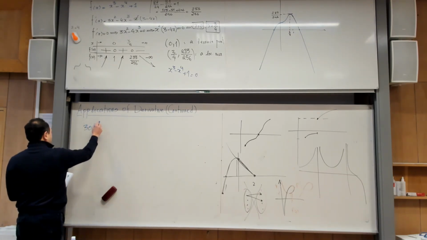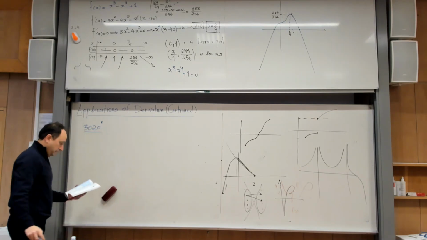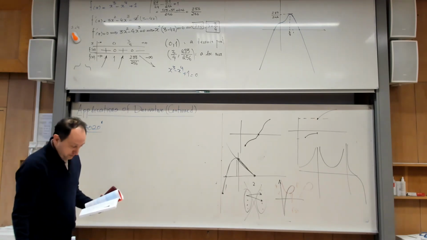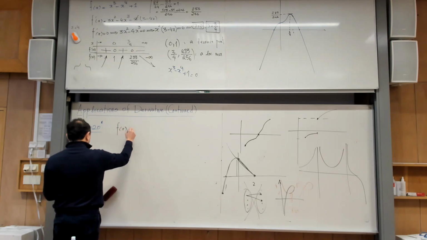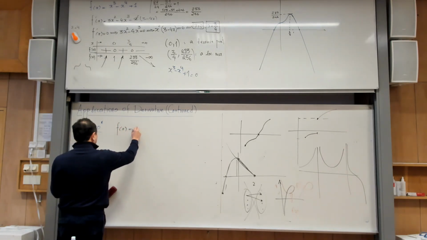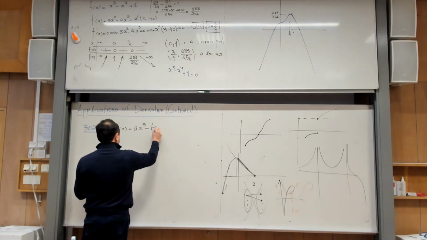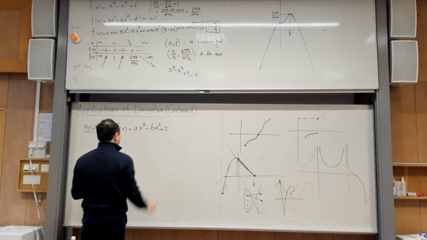30-20. A function is given to you, f of x equals ax cubed minus bx squared plus 2.